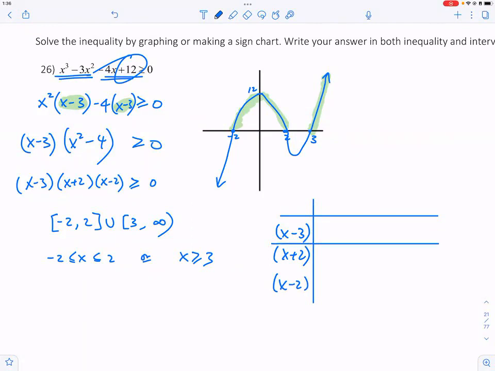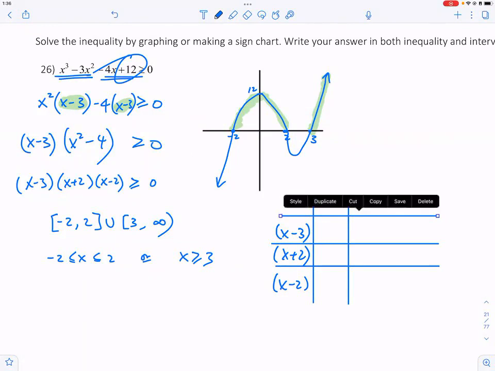You can put down these factors here, and then you can put down some numbers here as well. Let me make this purple line. So here we will have -2. Here we have a 2. And here we have a 3.